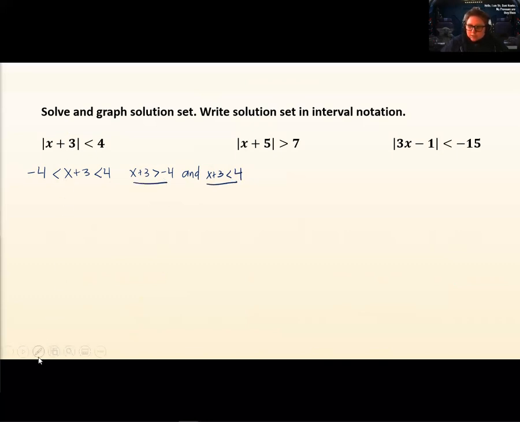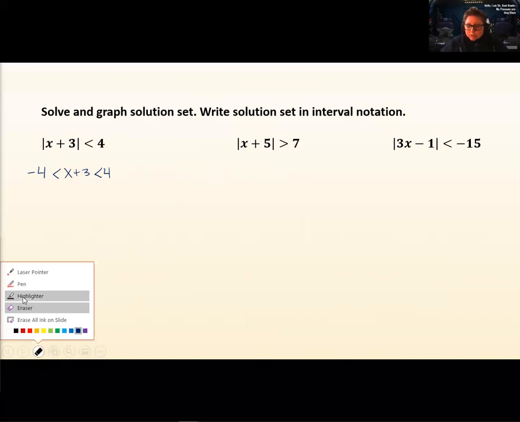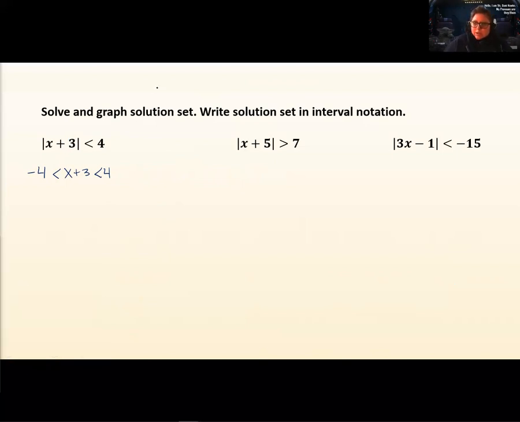And again, that's only because absolute value is a distance from 0, and distance from 0 is always positive, even if we're talking about a negative number and a positive number. Okay, so if we're solving this inequality and we need to get x by itself, what do we do with that 3?